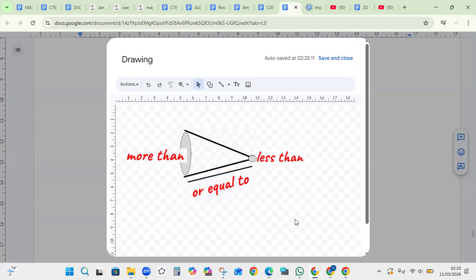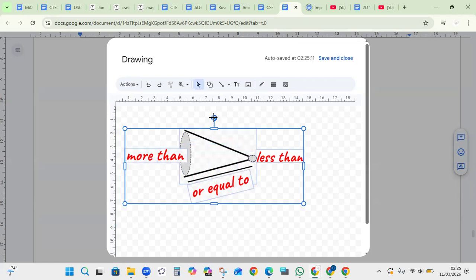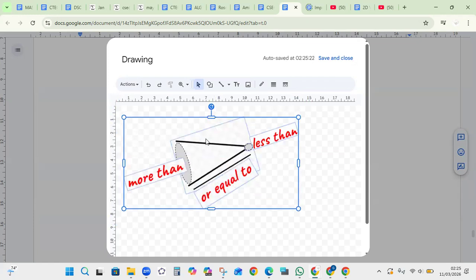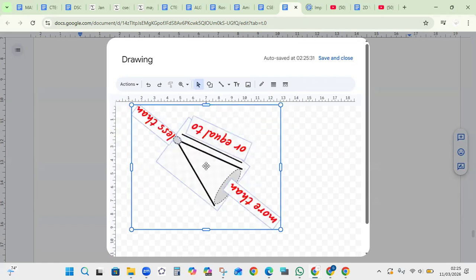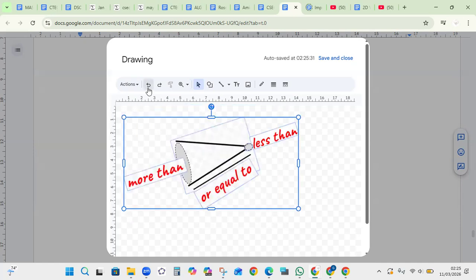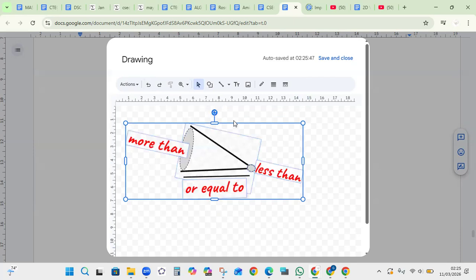So no matter how you turn the symbol, no matter what direction you spin the symbol, the opening is always called more than, the point is called less than, and the extra line is called or equal to. So that's what you see when you see the extra line.